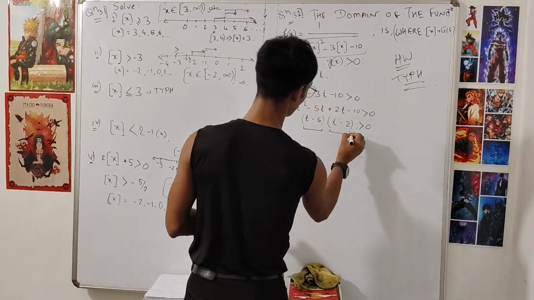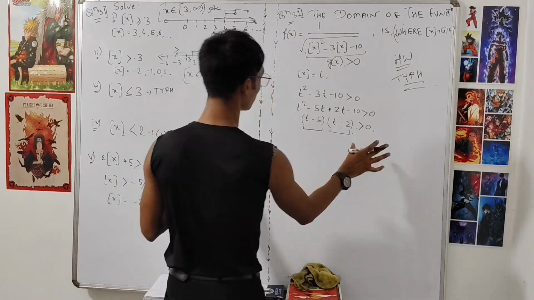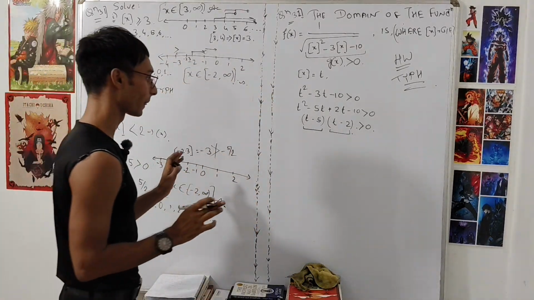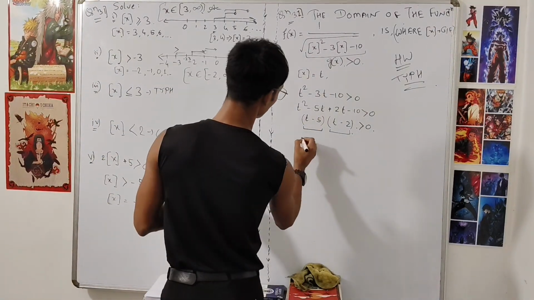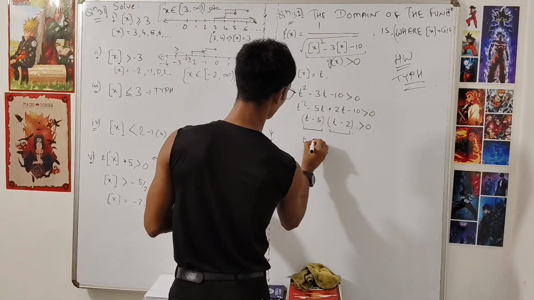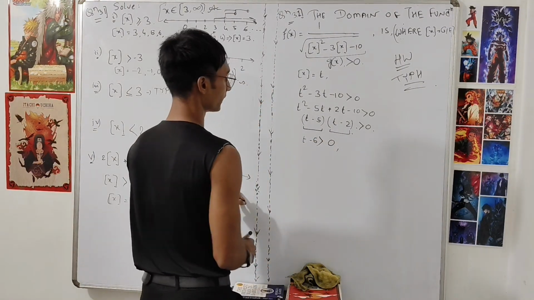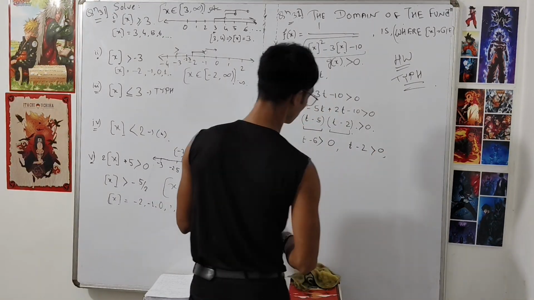What will you get? You will get two equations, right? Whatever equations we get, we take the ranges from them. First suppose t minus 5 is greater than 0, then t minus 2 should also be greater than 0.